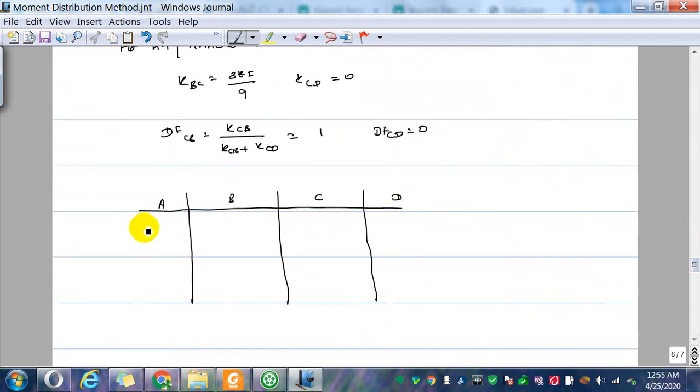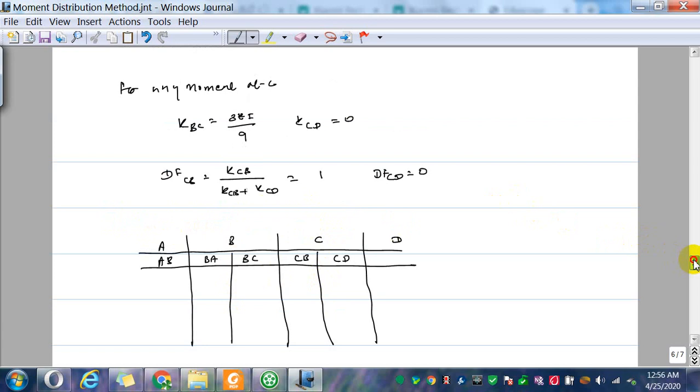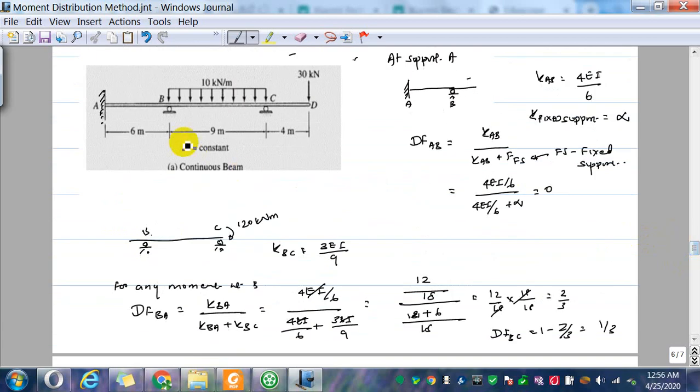Now if I divide this further into elements, at A, AB, here BA, BC, here CB, CD. So these are the segments.